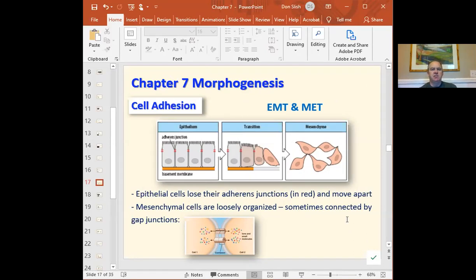They'll change shape and then start crawling away. And they may still be slightly connected. We talked a little bit about these gap junction proteins that are allowing them to communicate with each other. But for the most part, they're not very organized. They're just sliding away versus epithelial cells, which are very organized and stuck together in a tissue.